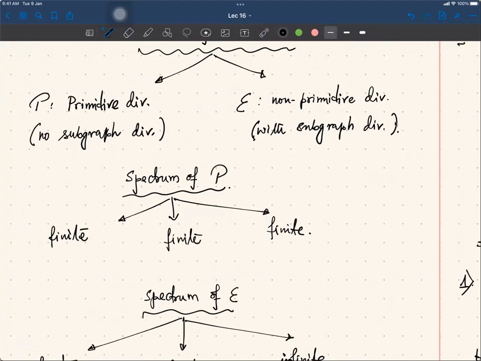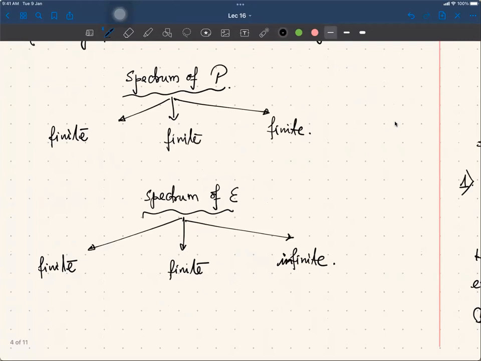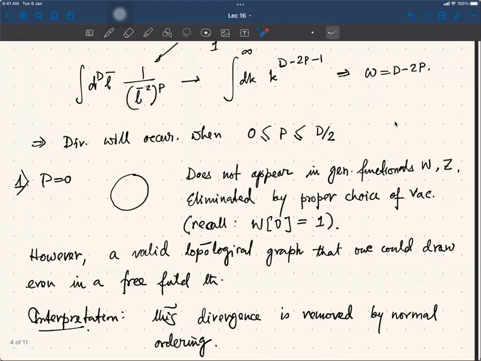So I made a mistake earlier. I had written it finite, it should be infinite. So the spectrum of E is finite only in delta less than 0, but in these last 2 cases E is infinite. Okay, so that is what we are seeing now here.